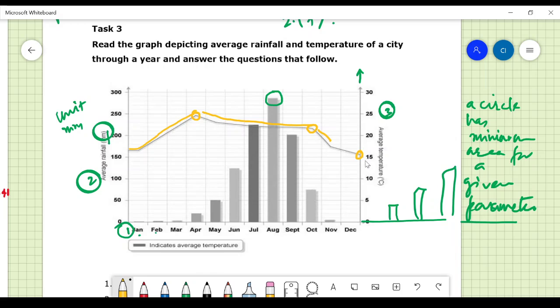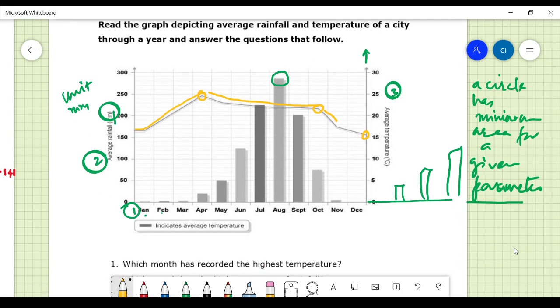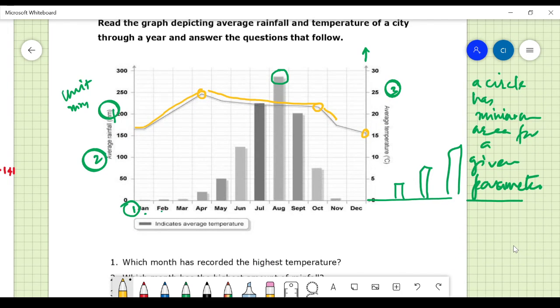And if you look at the questions that are given there, you have to find out if you can take this for temperature, or take this for rainfall. It's a question mark there, and this as a temperature.